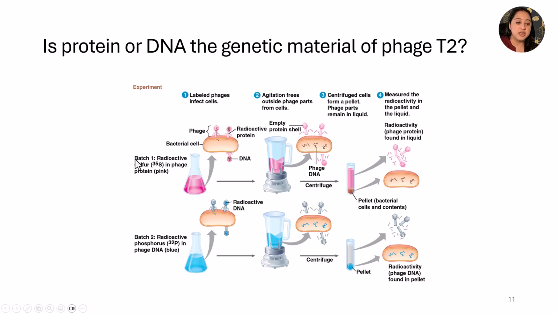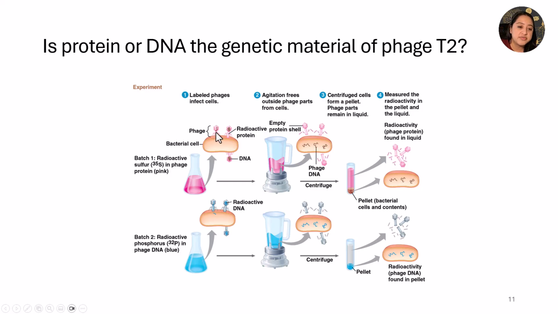In batch 1, they labeled the protein with a radioactive tracker. Radioactive sulfur was used to track the protein, and that's shown here in pink.